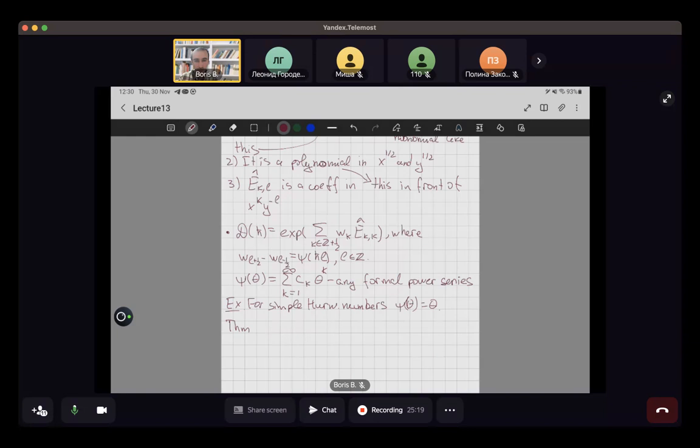Maybe it's a bit unfair because I write very many unclear definitions and then formulate a very nice theorem which is also unclear, but in fact it is not very hard to understand through the boson-fermion correspondence and through the representations of this Fock space. But let me skip this.